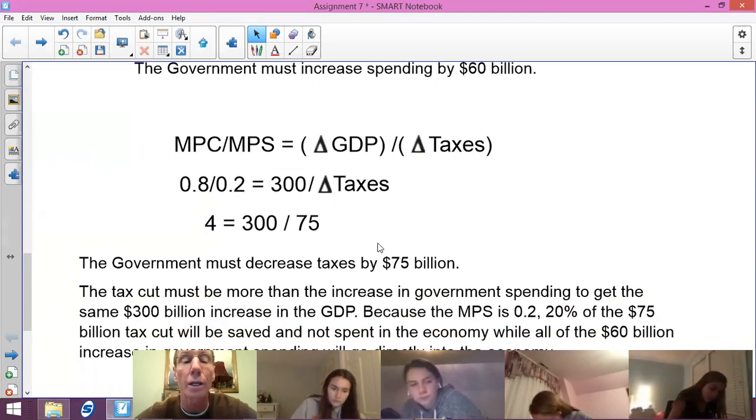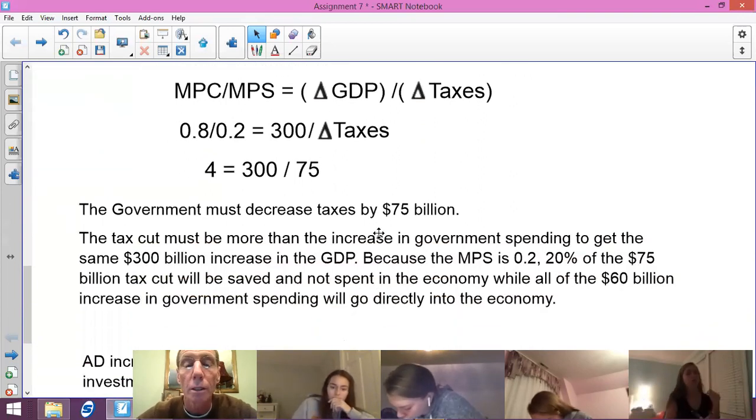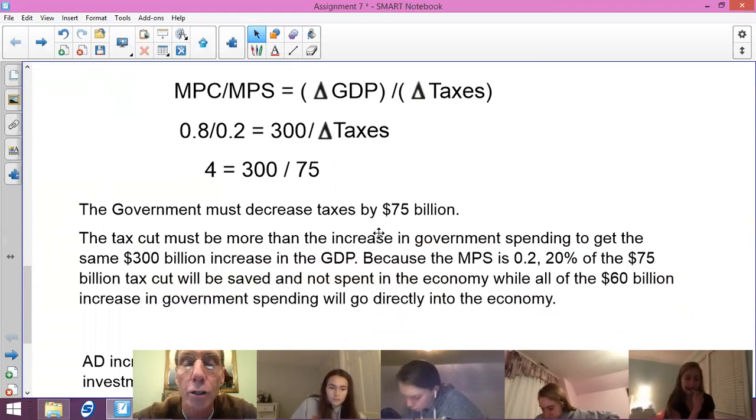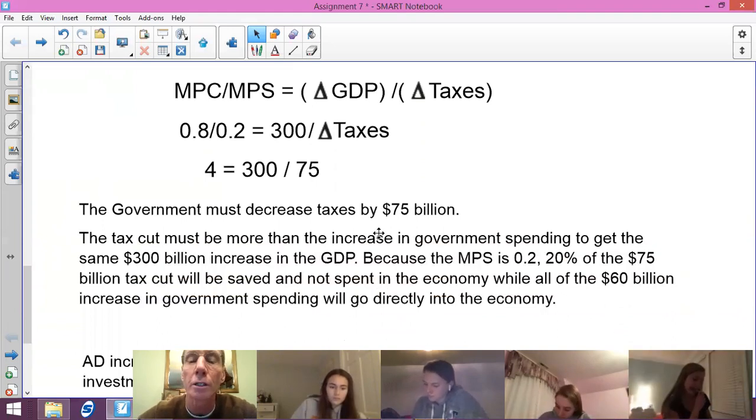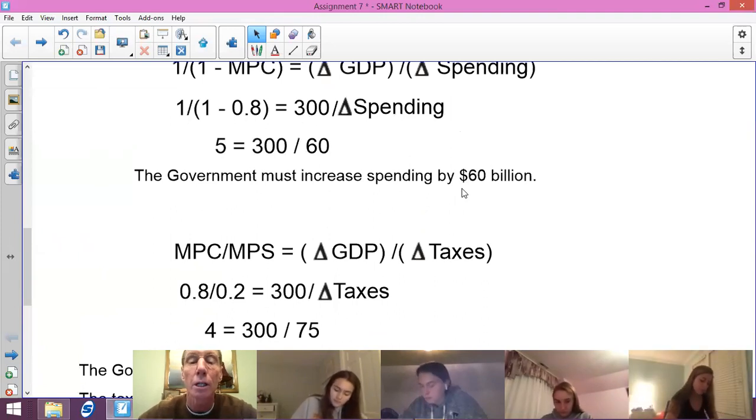So in order for the government to get the same increase in GDP, they would have to have a tax cut of 75 billion, which is more than the 60 billion increase in government spending.